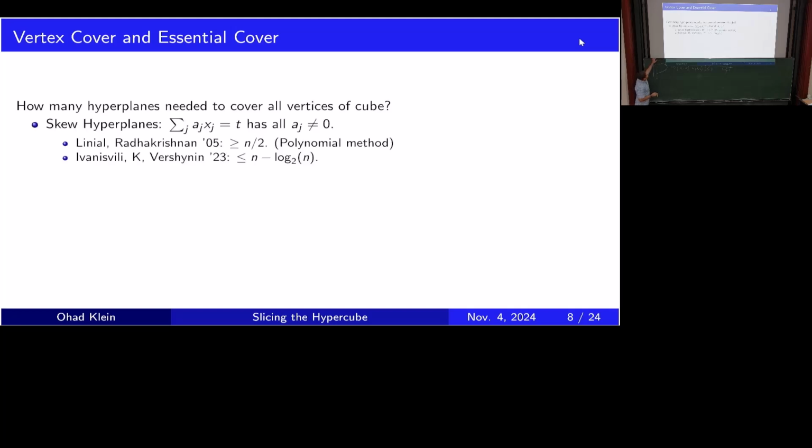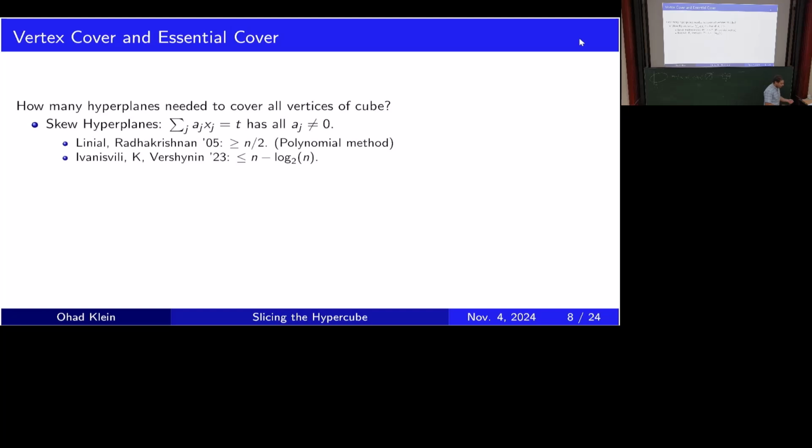However, in this example, we used only the variable x1. One way to make this problem make sense is to restrict the hyperplanes to have non-zero coefficients. Now, if all coefficients are non-zero, then Linial and Radhakrishnan showed using the polynomial method that you need at least n over 2 hyperplanes.